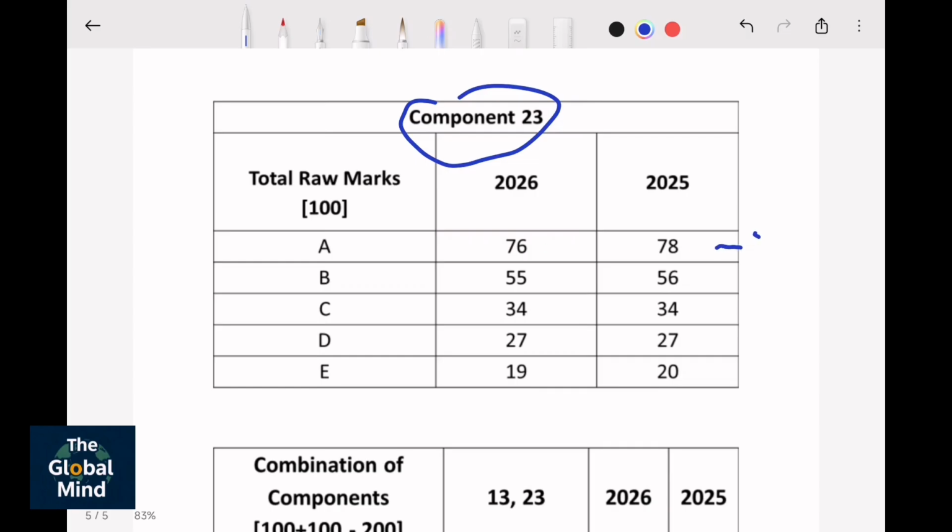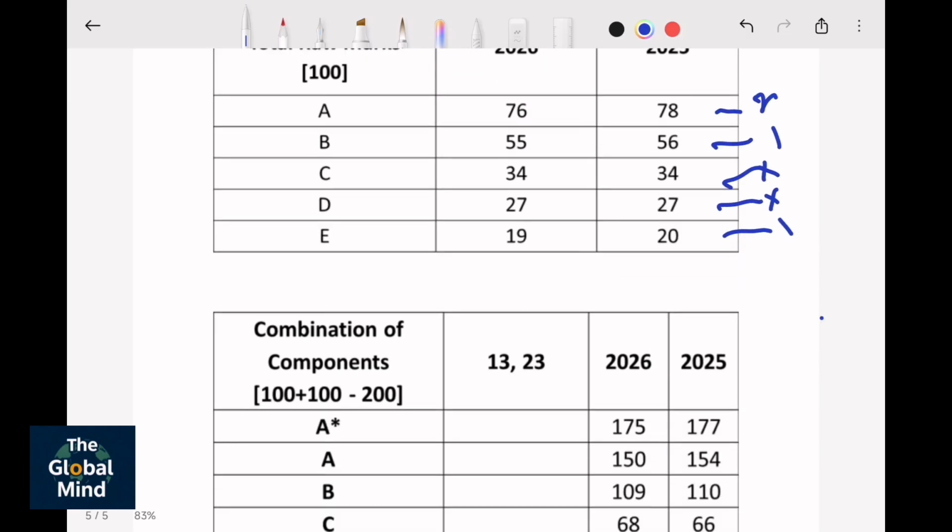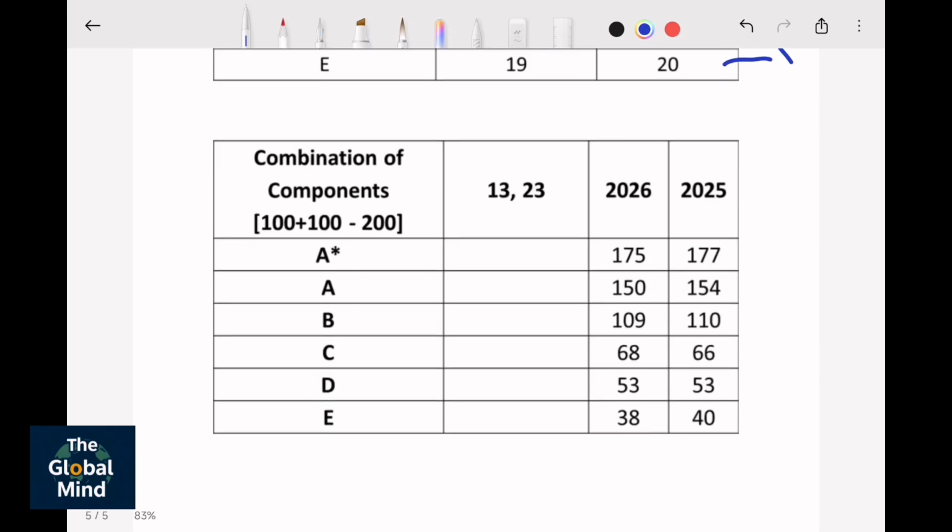So it's 2 marks, 1 mark, no threshold difference here as well, only 1 mark. Then for component 1 3 and 2 3, it's 2 marks. Here it's a big difference, 4 marks for A, 1 mark, 2 mark difference, no difference at all, 2 marks.